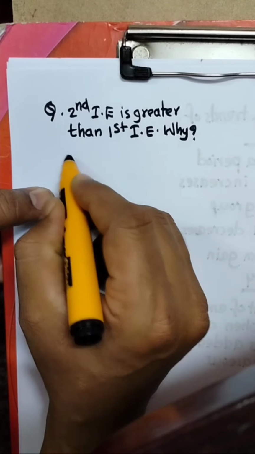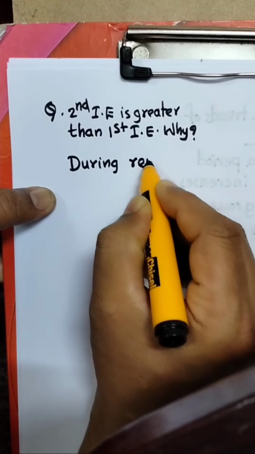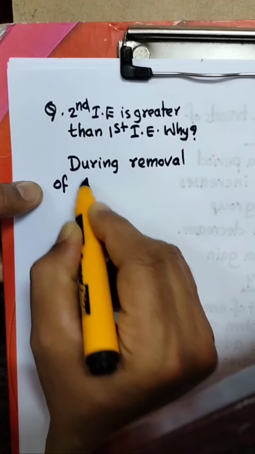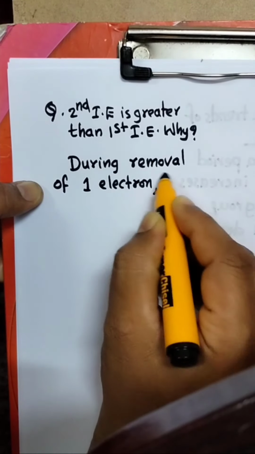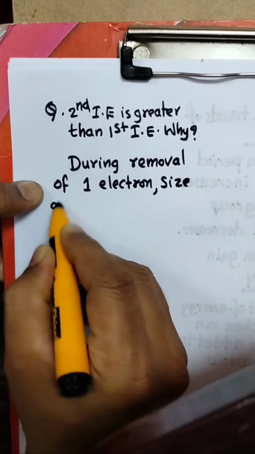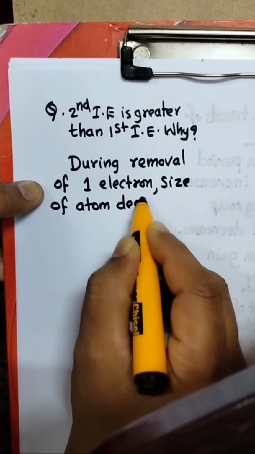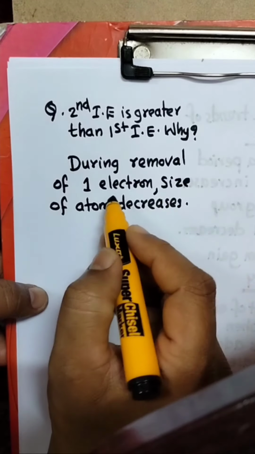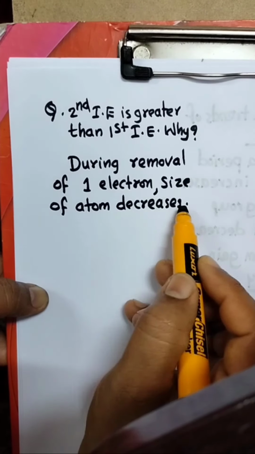Answer is during removal of one electron, size of atom decreases.